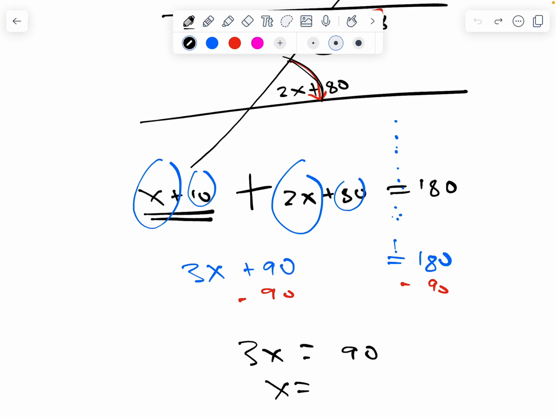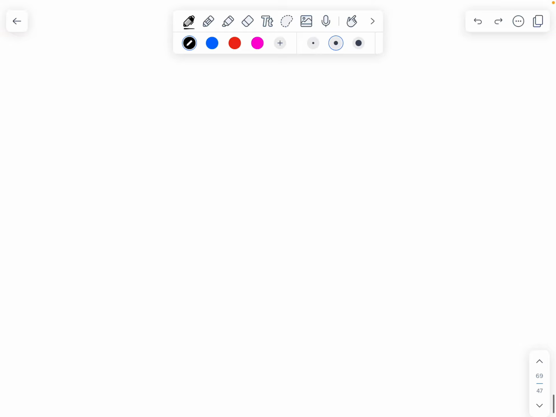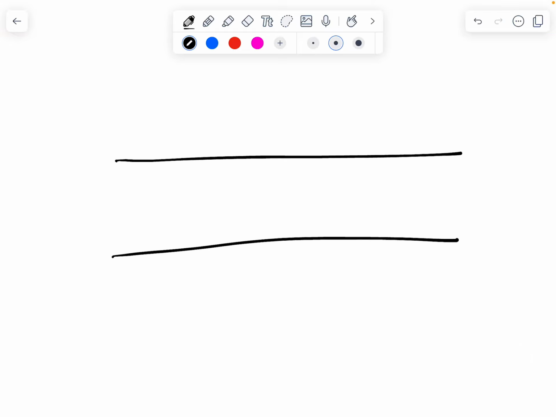That's the whole basic process here. Okay, let's talk about names, because these names are used a lot and they're helpful. The first name we're going to talk about is corresponding.